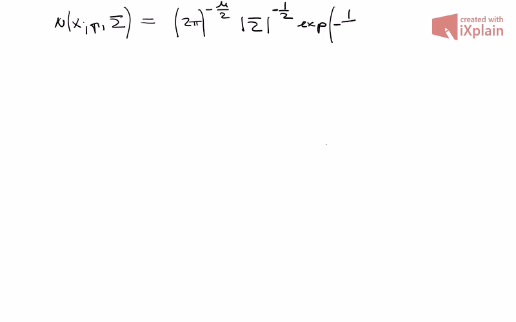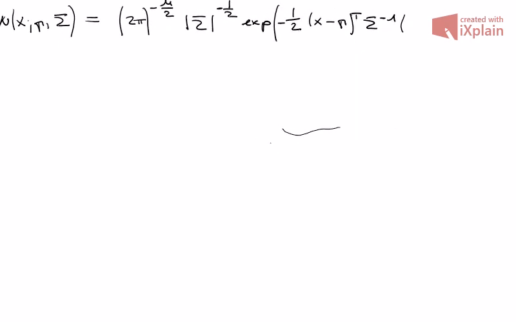Okay, so let's assume now that we are all happy with something like this: 2 pi to the power of minus n over 2, determinant of sigma to the power of minus 1/2, exponential function of minus 1/2 (x minus mu) transpose sigma inverse (x minus mu).